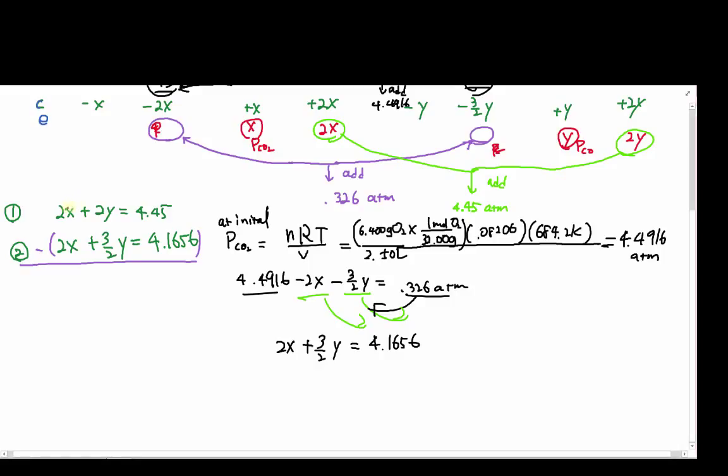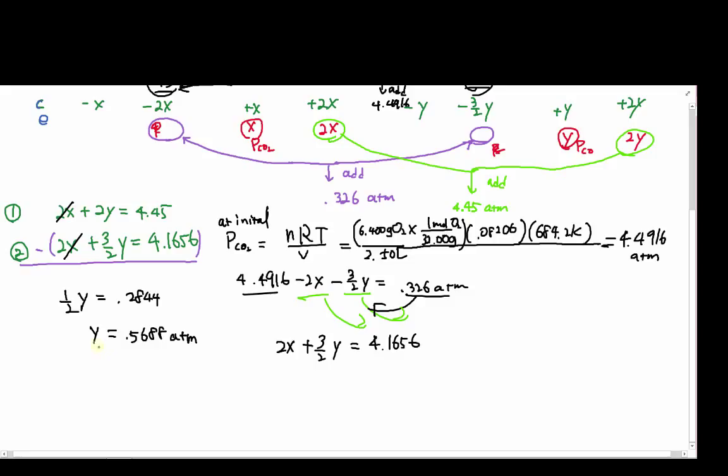Then I see that 2x and 2x cancel out, and we're subtracting, so we get half y, and then you subtract this, and you are supposed to get 0.2844. And when you solve for y, you should get something around 0.5688.